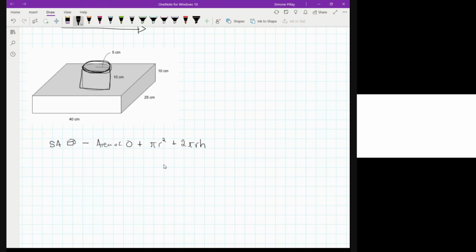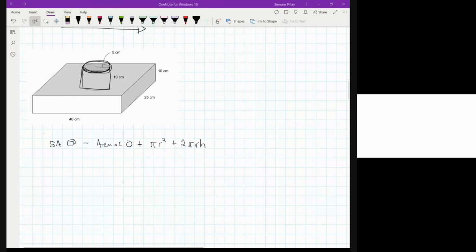Does this make sense, everybody? Speak now or forever hold your peace. Ma'am, why are we adding the pi r squared and the 2 pi r h?